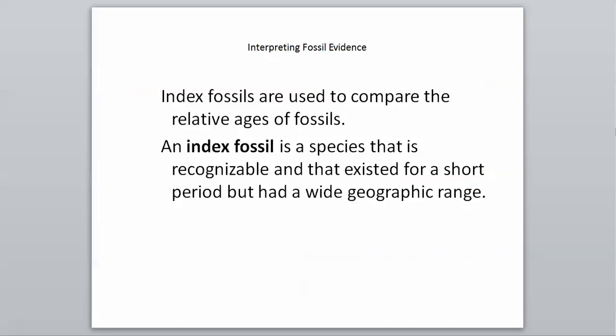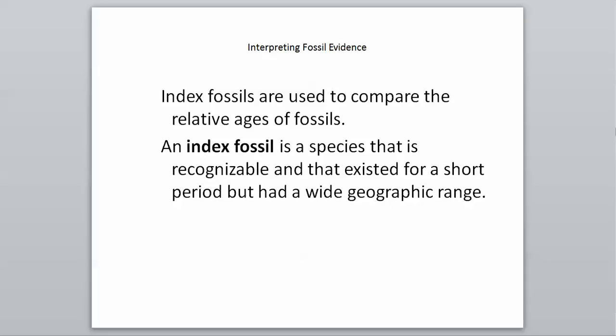Another term that goes along with relative dating is index fossils, which are used to compare the relative ages of fossils. An index fossil is simply a species that is recognizable and that existed for a short period but had a wide geographic range. It's important because it existed all over the earth, so we know it's going to be consistent, and it only existed for a short period of time, so we know exactly what time period it existed in.